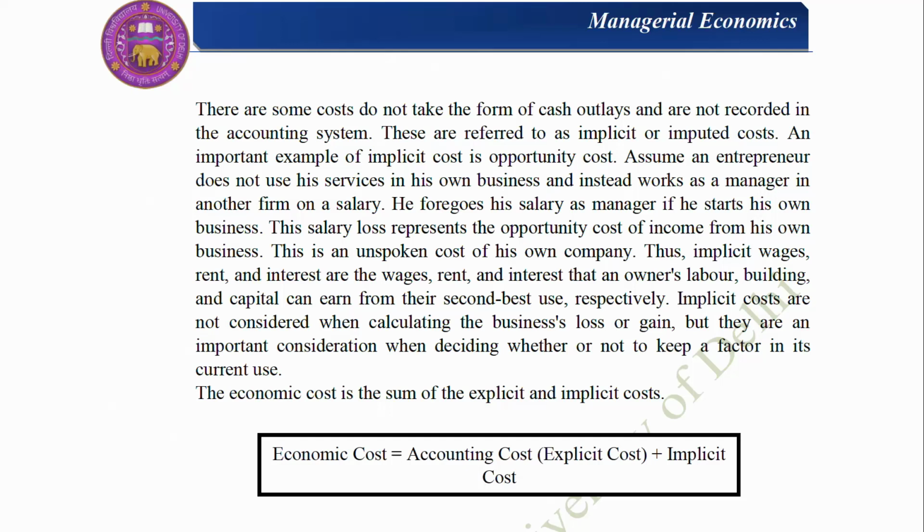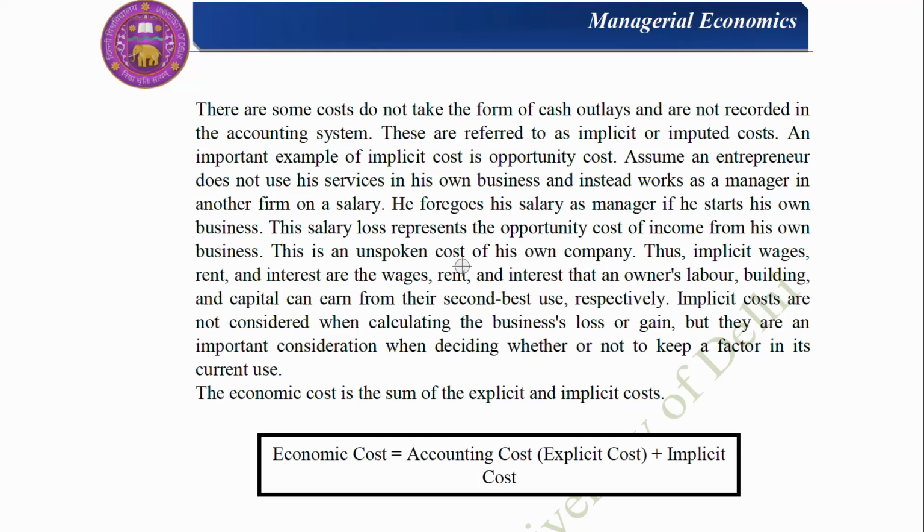Assume an entrepreneur does not use his services in his own business and instead works as a manager in another firm on a salary. He foregoes his salary as manager if he starts his own business. The salary loss represents the opportunity cost of income from his own business. This is an unspoken cost of his own company.